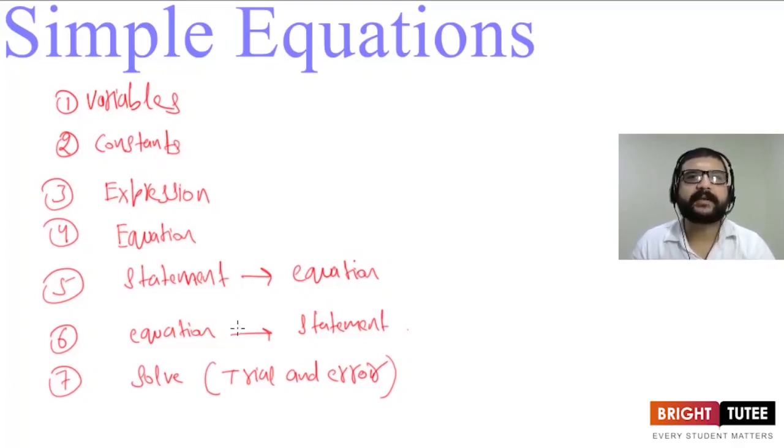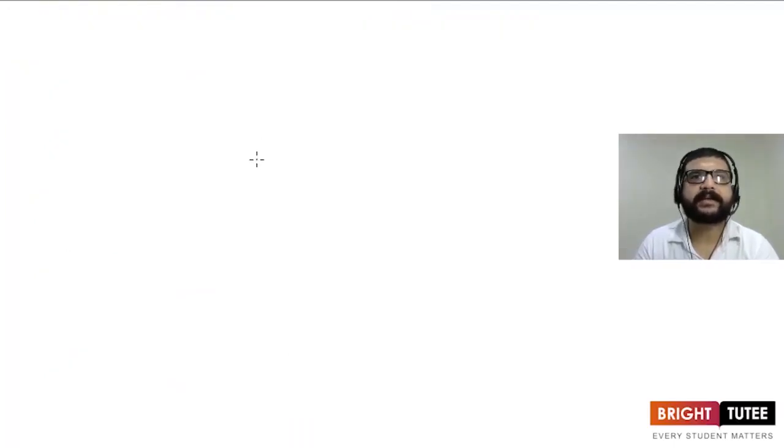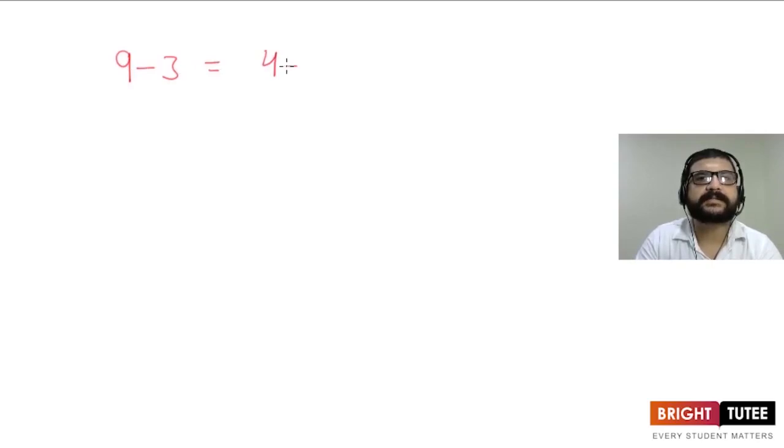So now in this video, we are going to learn how to solve the equations. How we can solve the equation algebraically, not by using trial and error method. Now let's consider one numerical equation. Let's say we are having 9 minus 3 is equal to 4 plus 2.